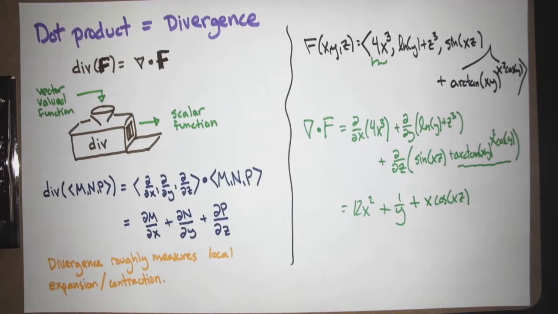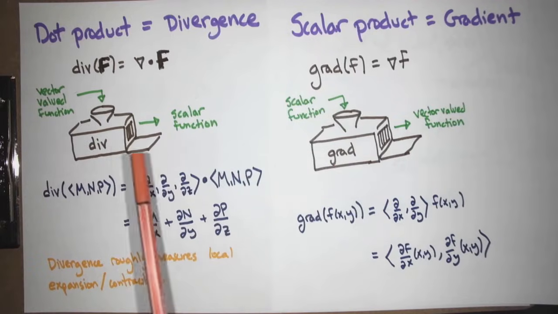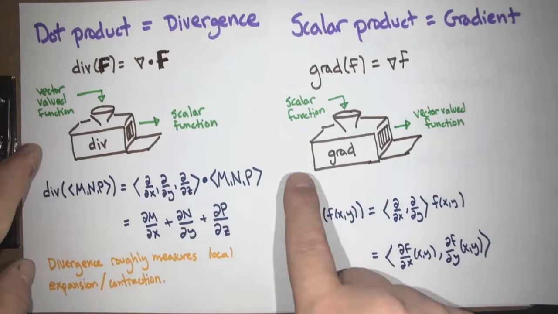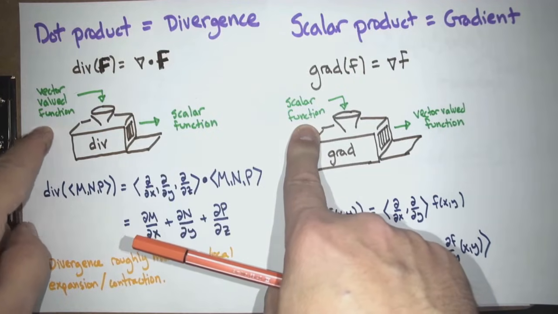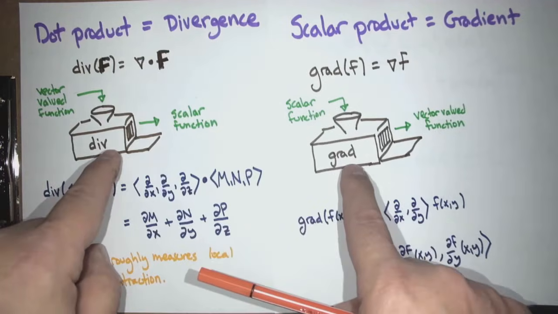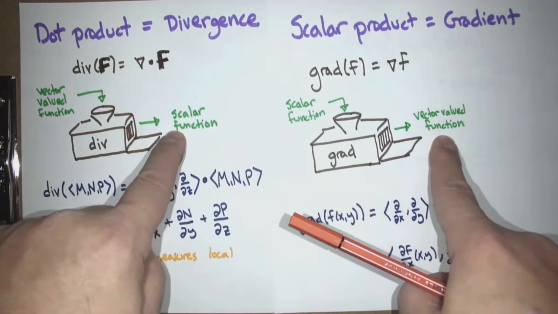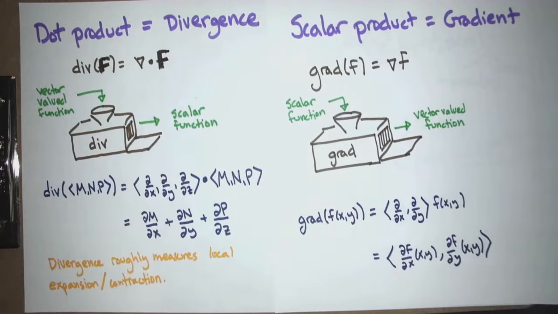It is true we are taking derivatives. If you compare gradients to divergence, we see that the inputs are different. Whereas gradient says start with a scalar function, divergence says take a vector valued function. And the outputs are different. In gradient we have a vector valued function, in divergence we have a scalar function.